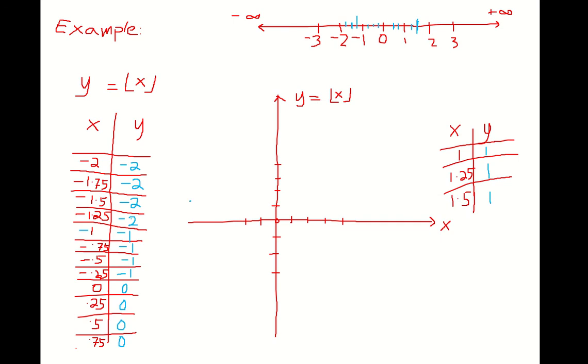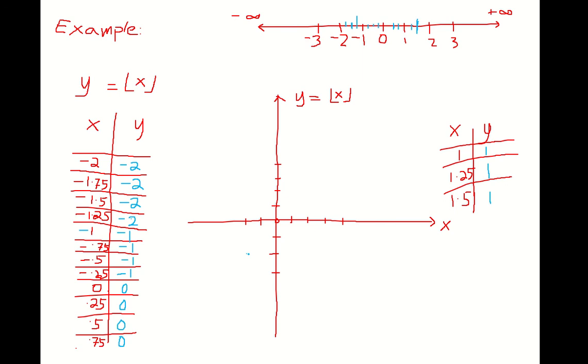Okay, so for x equal to negative 2, y equal to negative 2. So this is negative 2, y negative 2. It's here. And then for negative 1.75, so 1.75 is somewhere here, so this is also here.